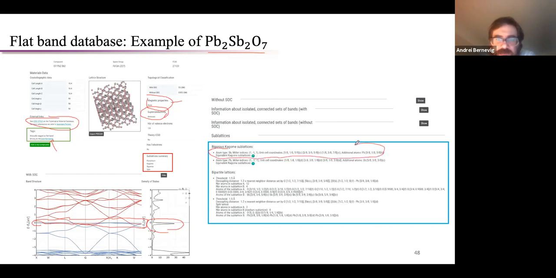For example, these atoms on some Miller indices planes form a Kagome sublattice. These atoms on Miller indices planes form a Kagome sublattice. Okay, and then you can find out that this has also bipartite sublattices, not just Kagome. And you can find all this information here on this website.